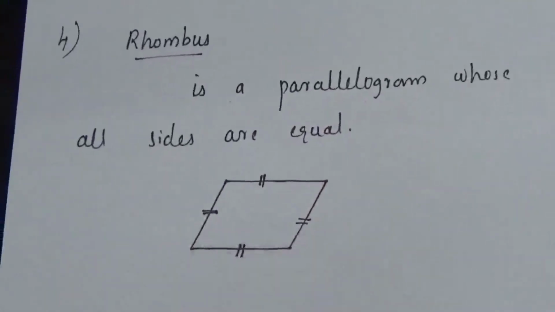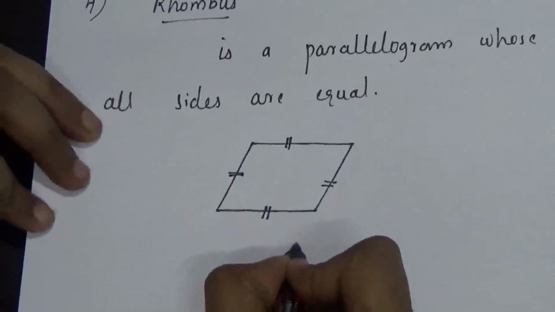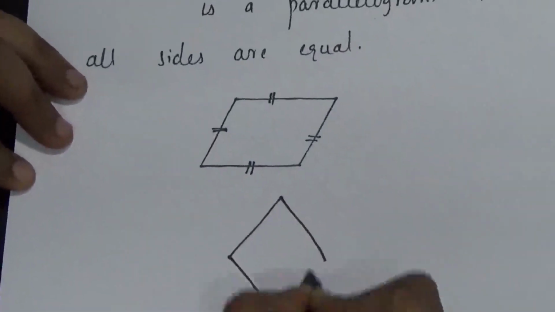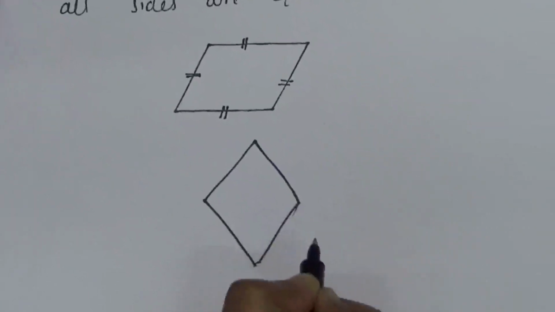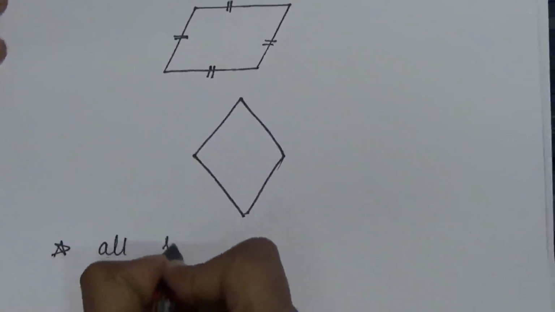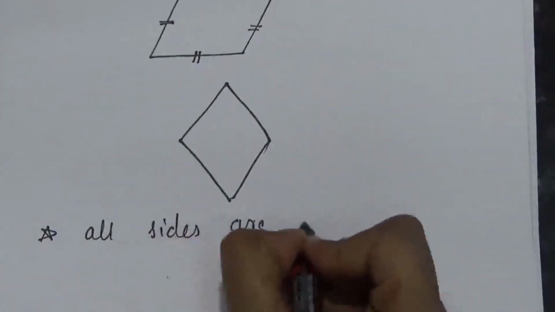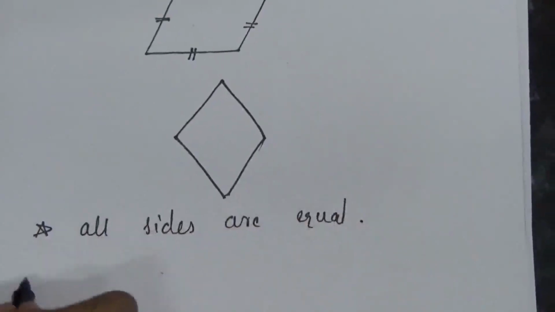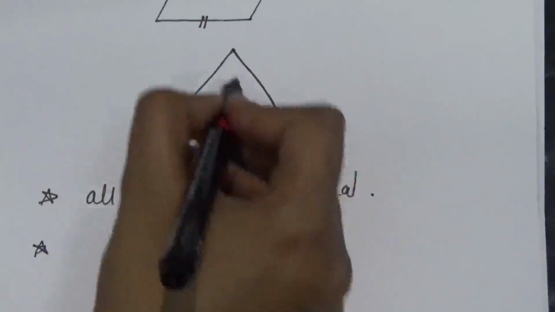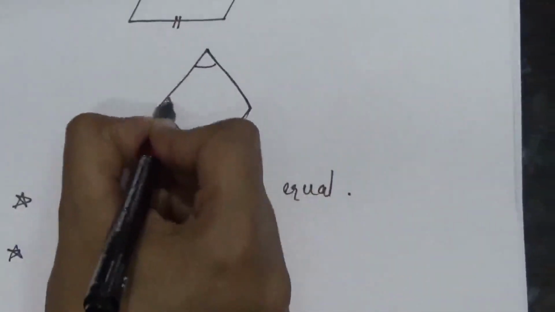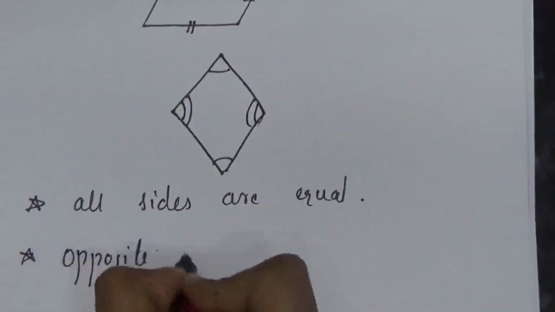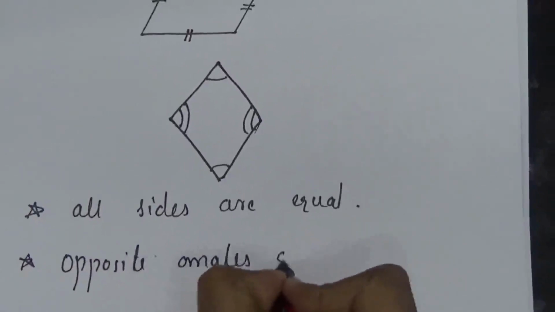So to draw a rhombus, better you draw a figure of a kite. This is a rhombus. Okay, so what are the features of a rhombus? All sides are equal. And what about the angles? You can see that all the angles are not equal, but opposite angles are equal.